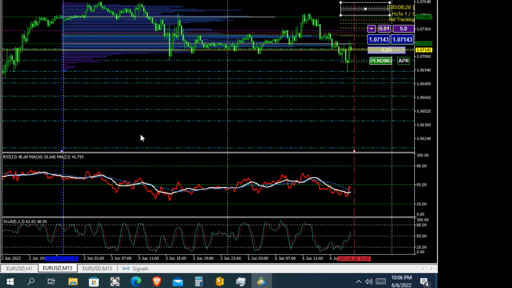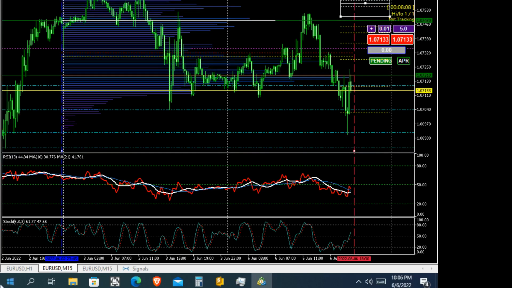Were there any institutional traders in the market moving price, or was it one of those little short, one-distribution days where the market basically spent the whole day going sideways in a range? Primarily, this is what we're seeing on Friday, June 3rd. Today is Monday, June 6th. And here's what the market did.